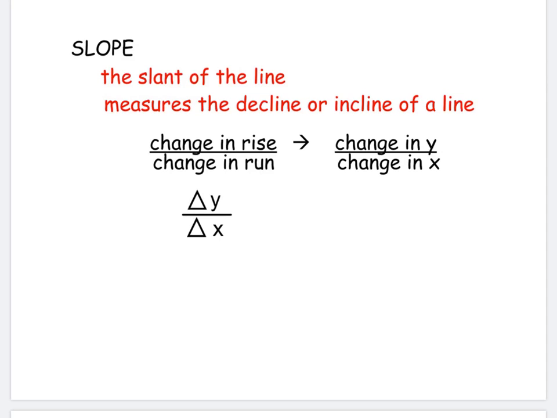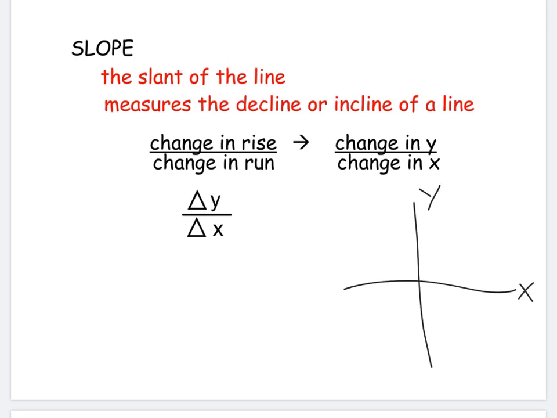If you look at the graph, if I were to draw a grid here, remember this is the x-axis, this is the y-axis. So we can also say slope is change in rise over change in run, or change in y, because the y-axis is what rises, because rise means to go up or down, and change in run then is the change in x, because when you run, you go horizontally.